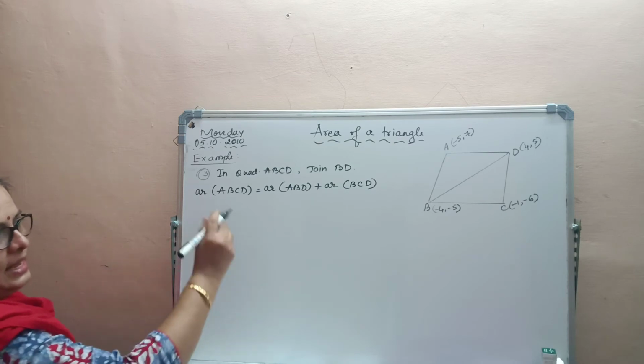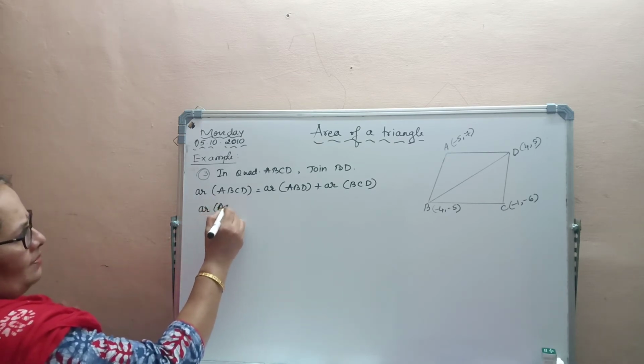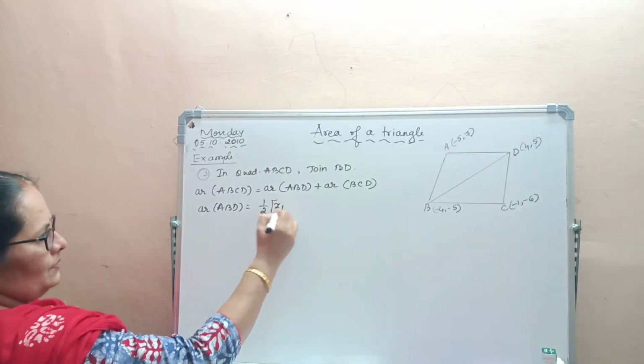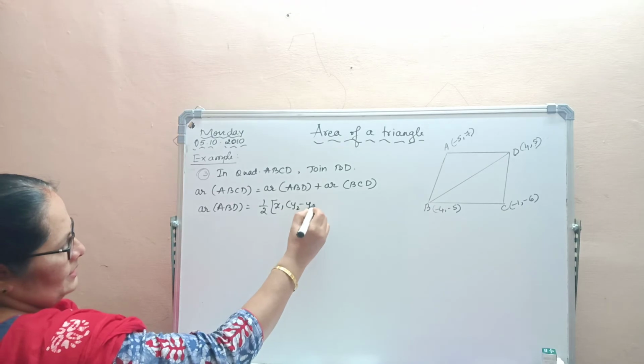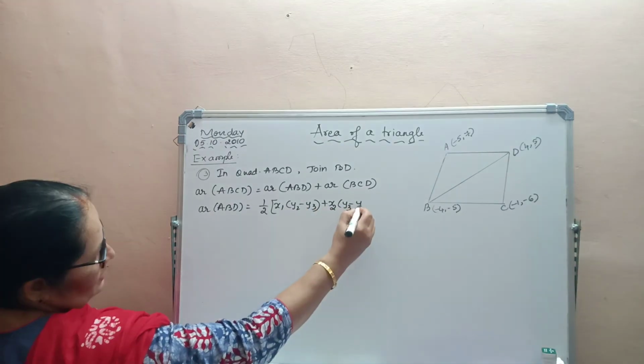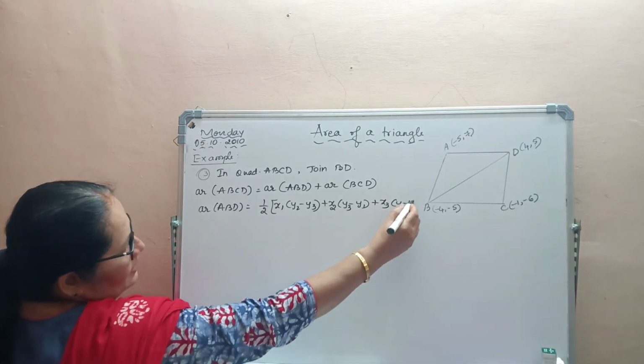First we find the area of triangle ABD. So area of triangle ABD is equal to the formula half into x1 into (y2 minus y3), x2 into (y3 minus y1), x3 into (y1 minus y2).